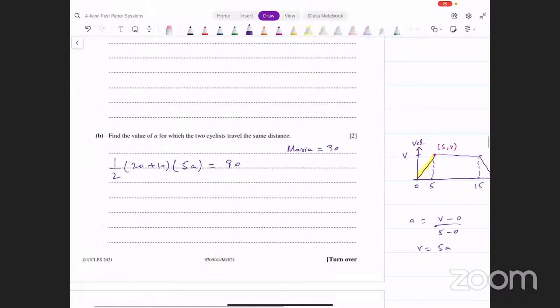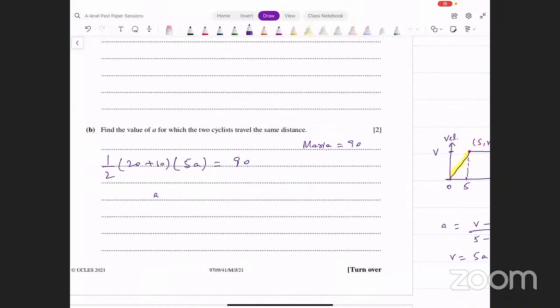You get the value of A from this. ठीक है, evaluate कर लें, देख लें क्या आता है. 180 divided by 5 divided by 30, that gives me 1.2. So it should be 1.2 meters per second square if the distance traveled has to be the same. Does that make sense? ठीक है?